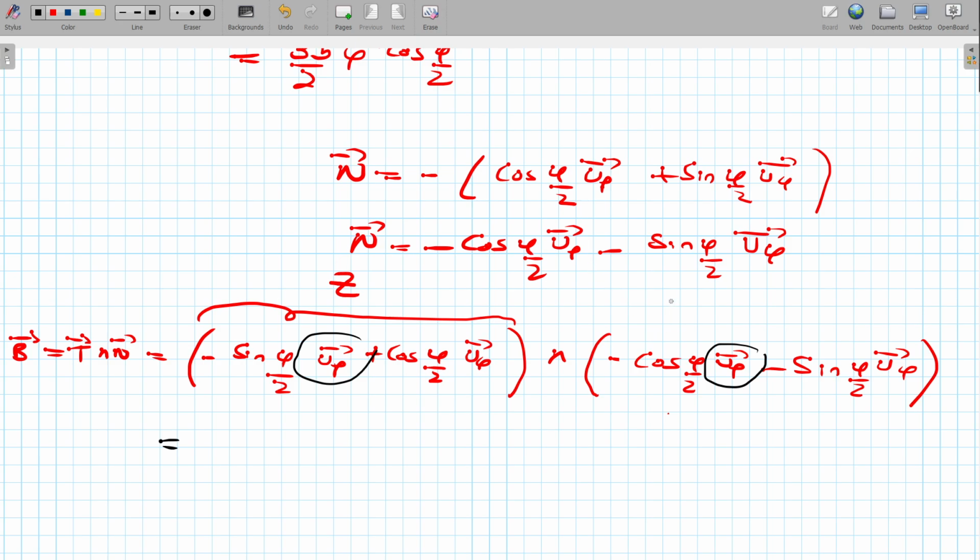Then for the vector product of the first term and the second term, remember we have a direct trihedron, meaning we have u rho, u phi, and u z in the cylindrical coordinate system. If you take the vector product in this direction, you get positive the other unit vector. So u rho vectorial u phi is going to be positive u z.